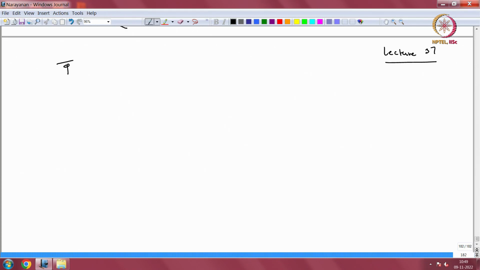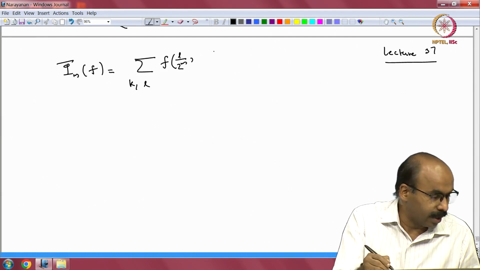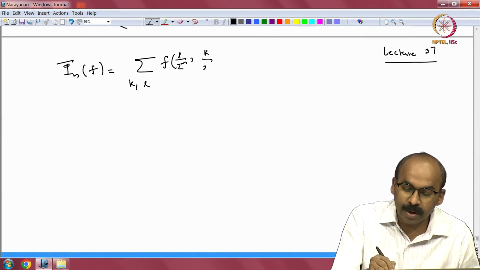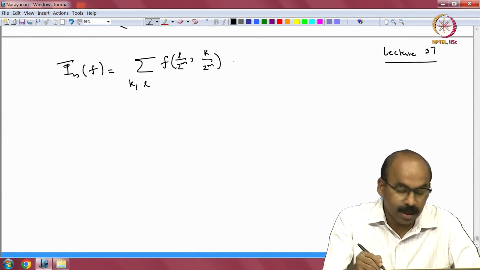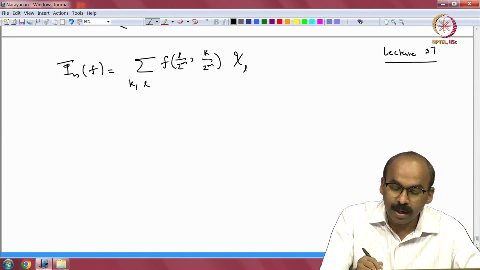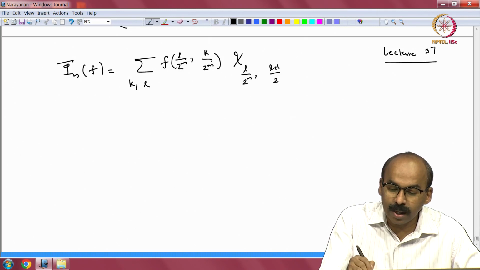Let us write phi_m f again, so that I can start talking about this. The sum over k, l of f of l by 2^m, k by 2^m, times the projection for the interval l by 2^m to l plus 1 by 2^m of a_1, times the projection for the interval k by 2^m to k plus 1 by 2^m of a_2.